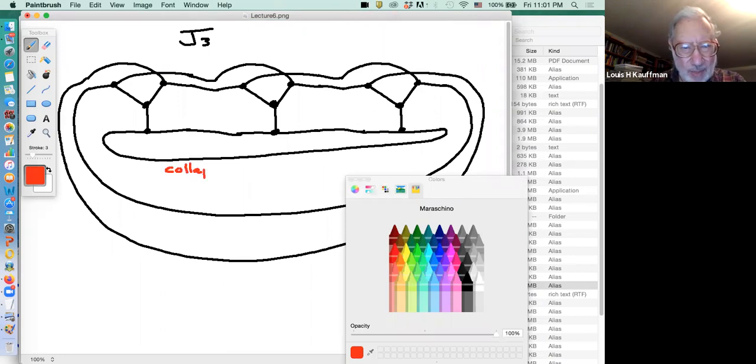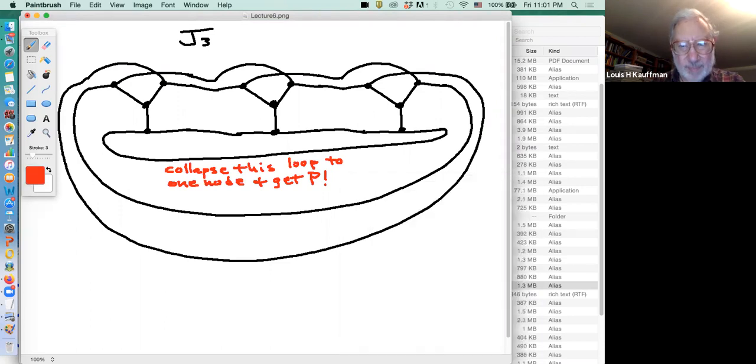Collapse this loop to one node and get Peterson. I kid you not, right? There's another picture of Peterson. Just these collapse to one node. Then you have 1, 2, 3, 4, 5, 6, 7, 8, 9, 10. 10 nodes, just like Peterson.